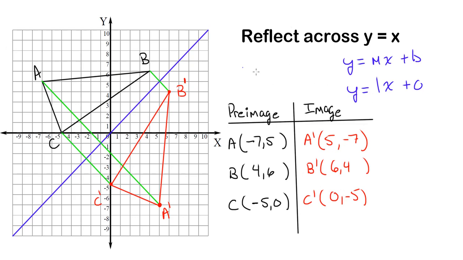So the pattern, the rule when we reflect across the line y equals x is (x, y) becomes (y, x). And this is going to happen every time you reflect an image across y equals x, the x and the y values will switch.